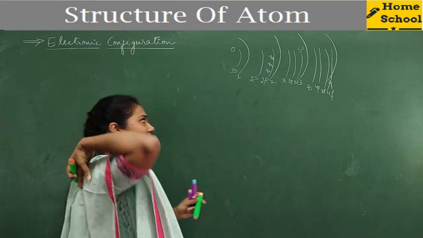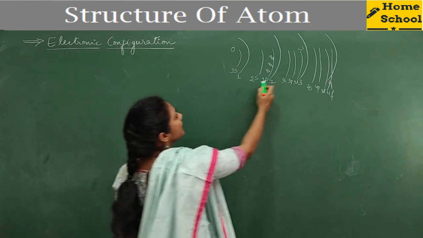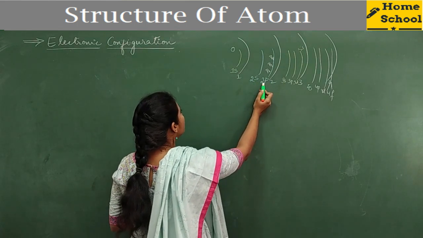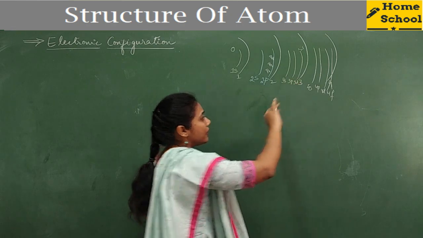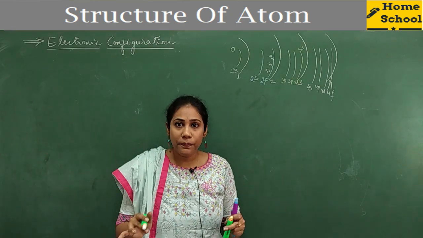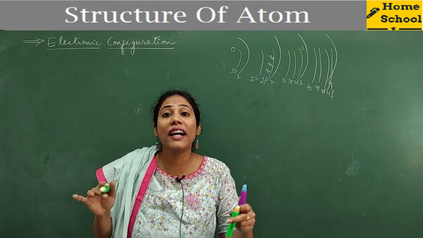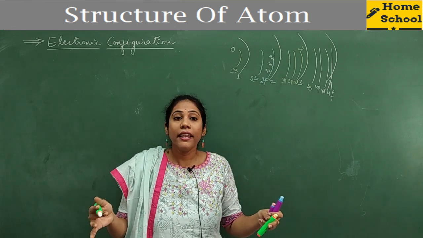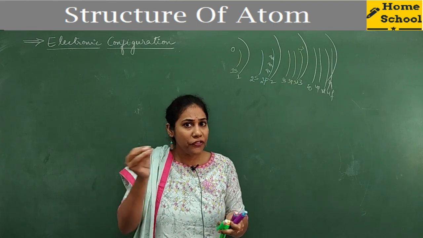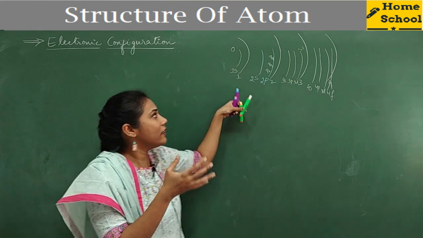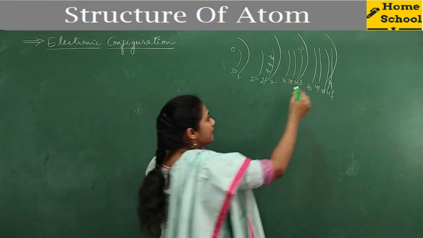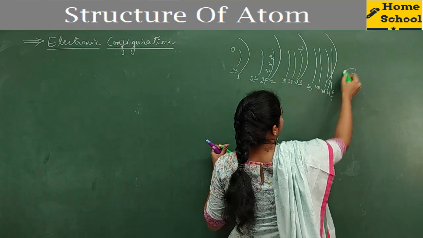Clear? Fine. Now all these orbitals, like the 2s orbital, the three 2p orbitals, the 3s orbital, all of them have a certain kind of energy. So where does the first electron enter? Say an atom has 3 electrons.